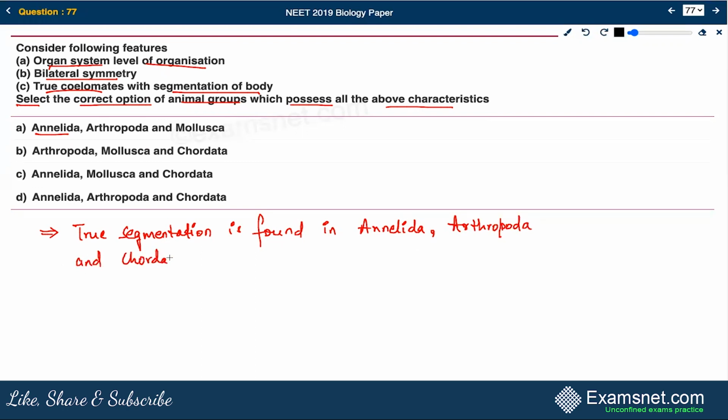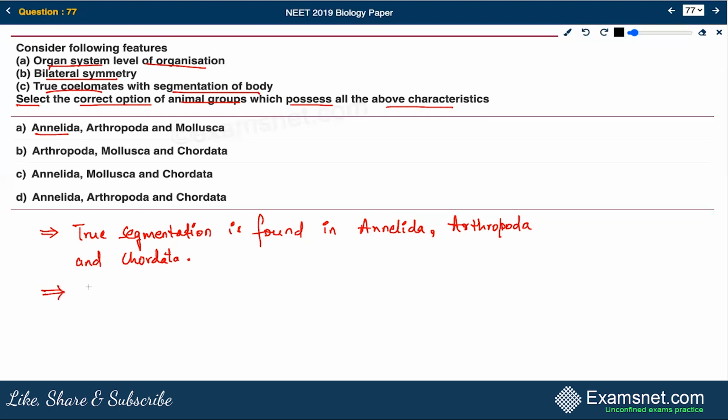This is regarding the segmentation I'm talking about. Out of all the options, if we categorize Annelida, Arthropoda, and Chordata, regarding the organ system level of organization, they are also true coelomates because they possess the true coelom category.